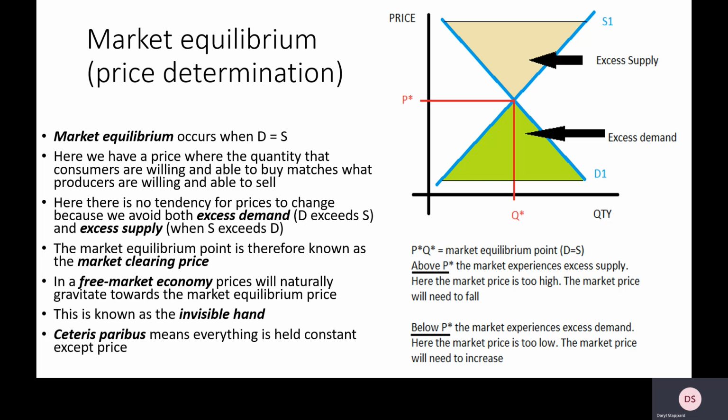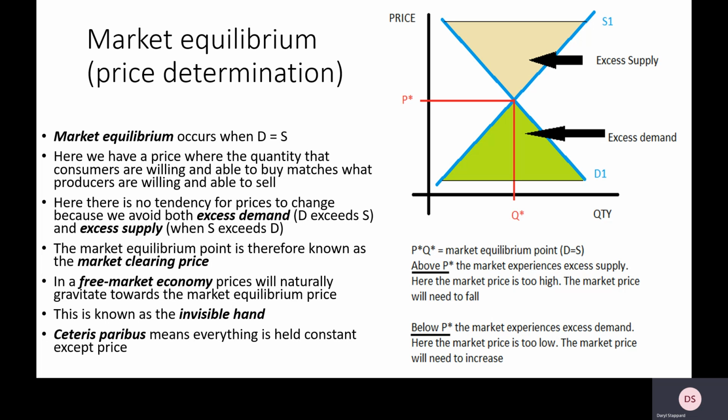So we found a price level here that what firms are willing and able to sell in a market is exactly equal to what people are willing and able to buy. Now the idea is in a free market economy, the assumption will be that price levels will naturally gravitate towards the point where supply is equal to demand.